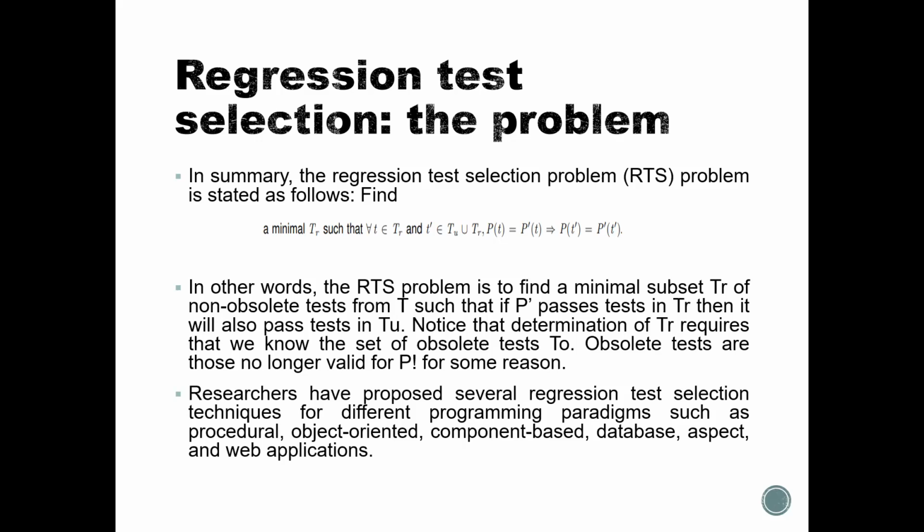For this, researchers have proposed different regression test selection techniques, and a few of them are procedural based, object oriented based, component based, database aspect, and web application. Again, it depends on the objective and the task that you want to do.